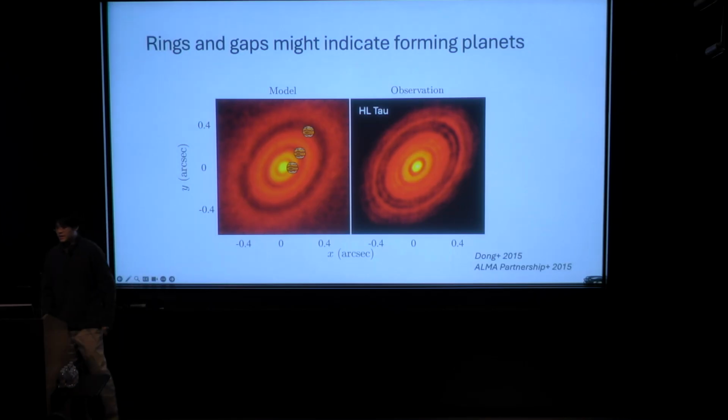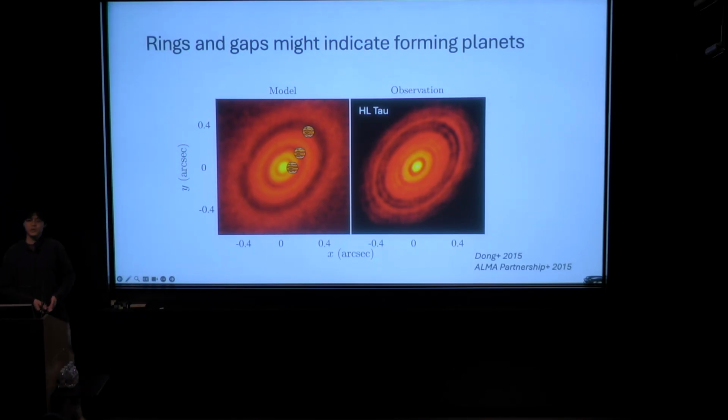As soon as people became aware of these rich ring and gap features in the disk, they started to wonder what carves them. The most attractive idea is that baby planets carve the rings and gaps. Imagine you put a giant planet into the disk.